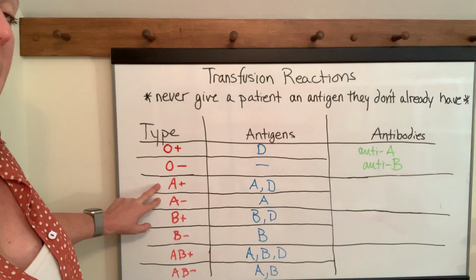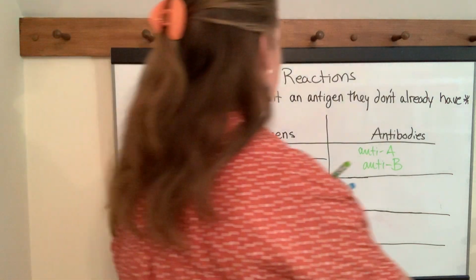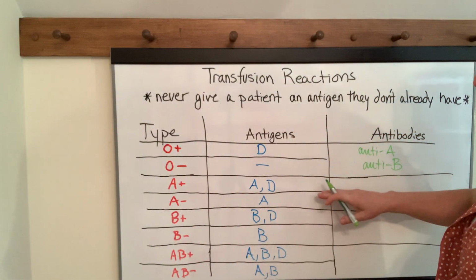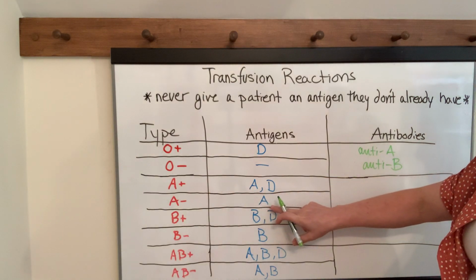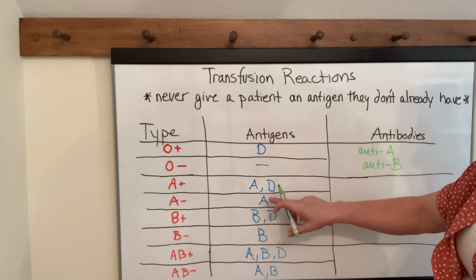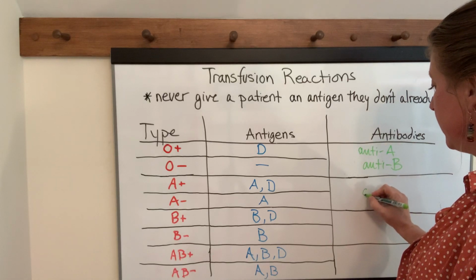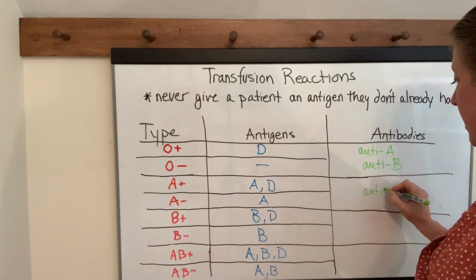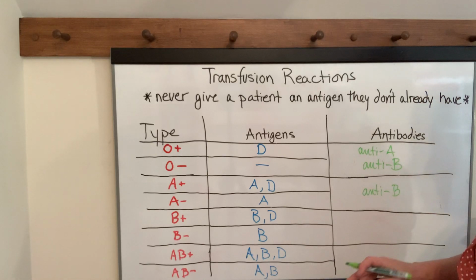Someone with type A blood, whether it's positive or negative, can't have anti-A because the anti-A will agglutinate or recognize and clump the A antigen. So people with A blood types only have anti-B antibodies.